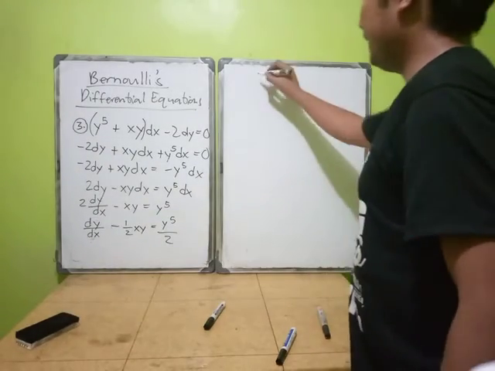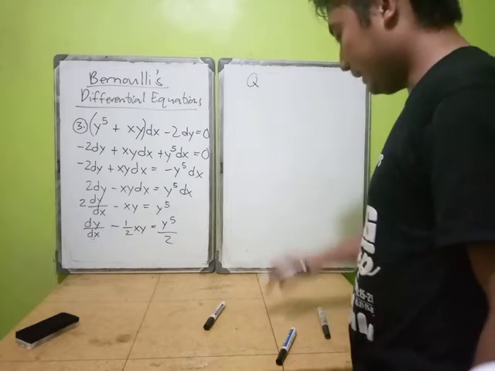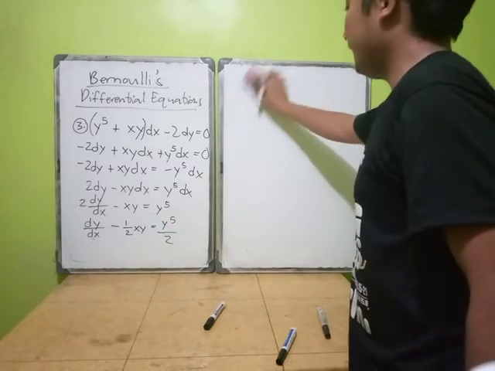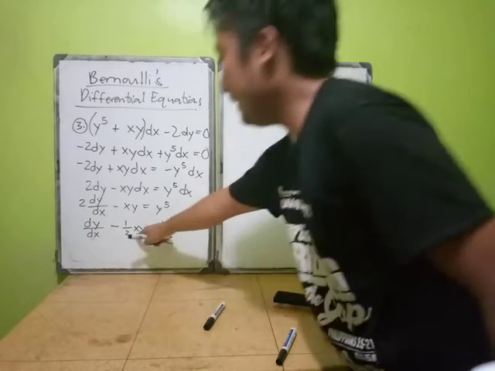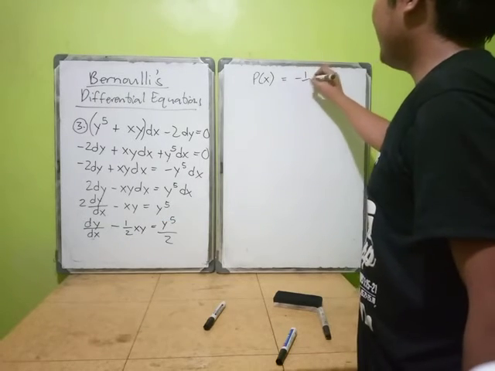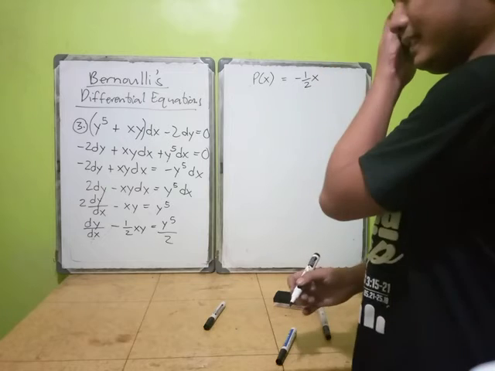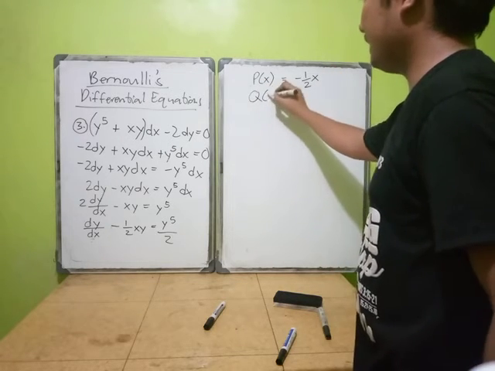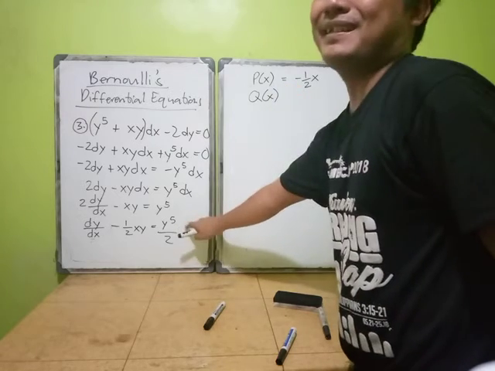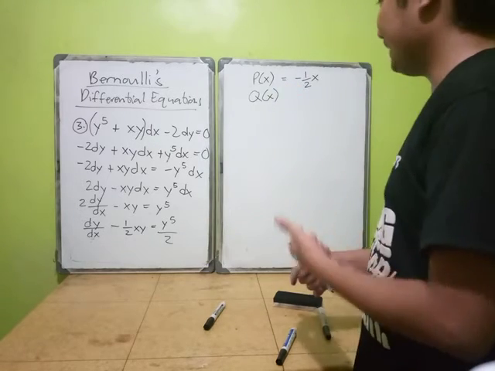Ito. So, here, ang px pala natin, okay? Unahin natin yung px. Yung px natin is obviously negative 1/2 x. Okay? And then yung qx natin, wala siyang katabing qx.